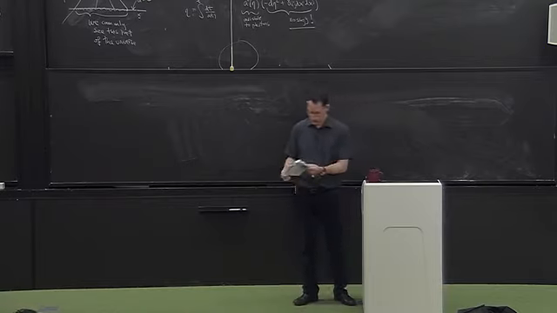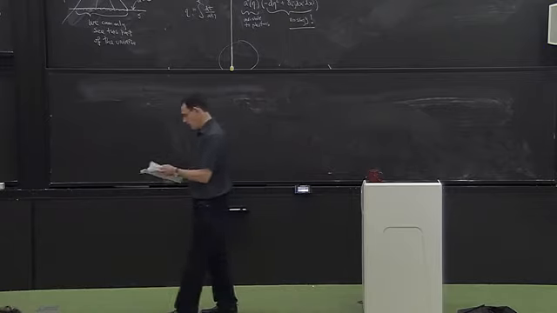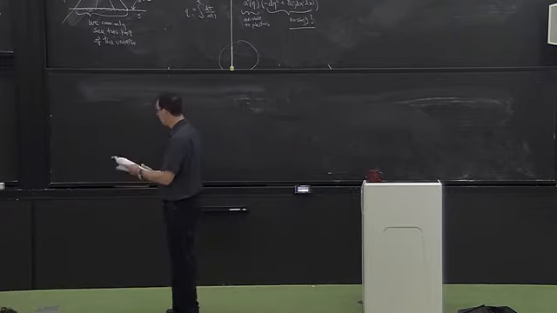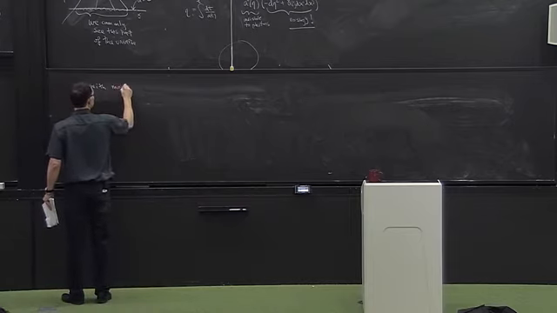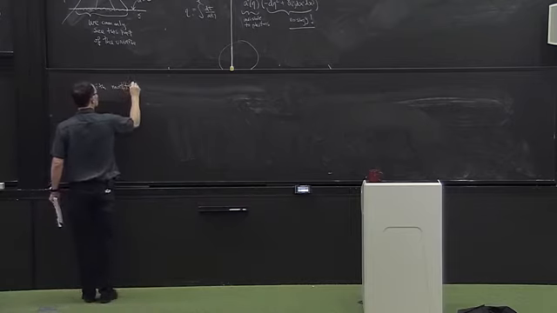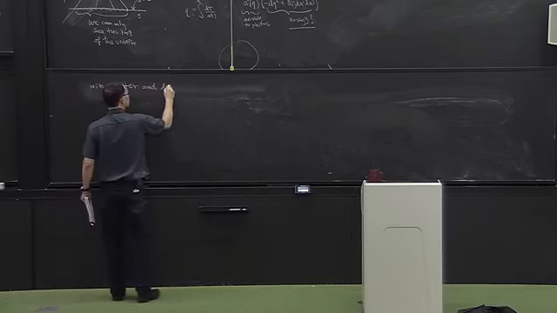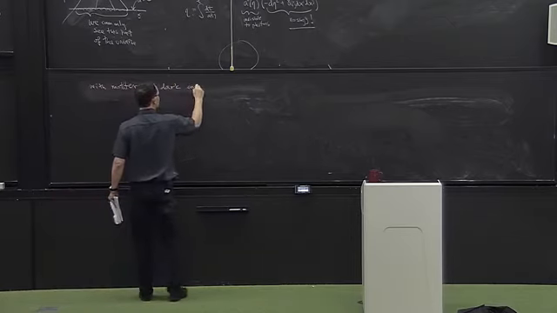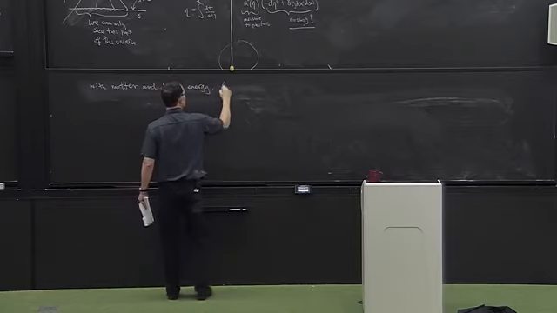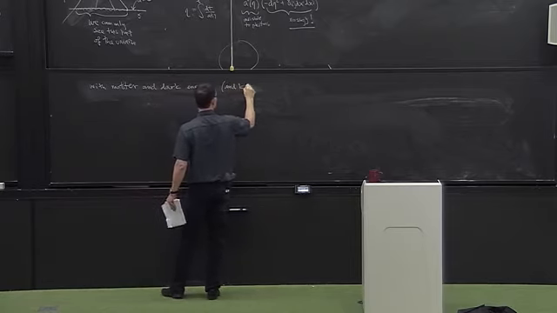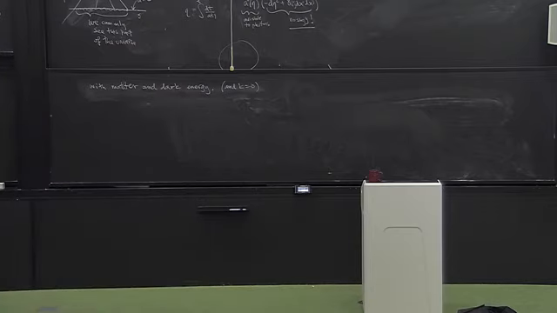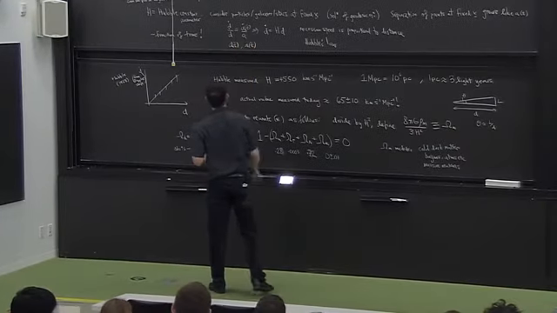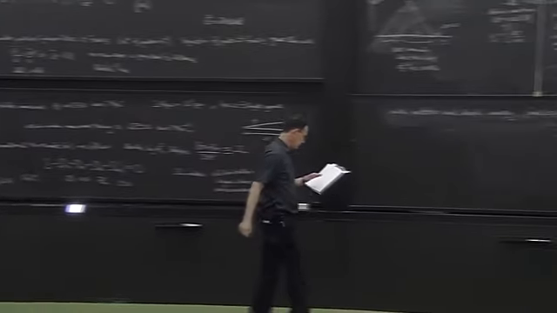And I just want to give you the age of a universe with matter and dark energy, and k equals 0. We can use the Friedmann equation here. I'm just going to take the rho_m and rho_lambda, delete the k term, delete the radiation term, and solve for t.